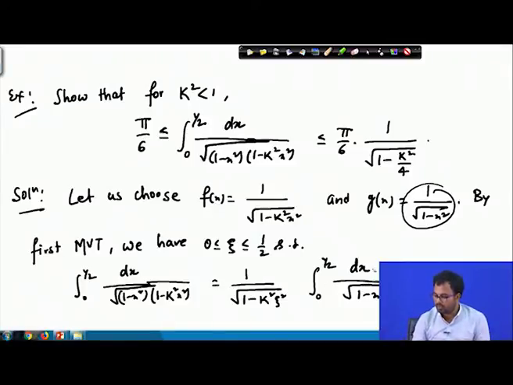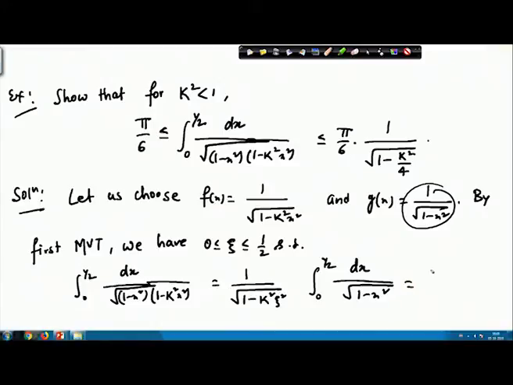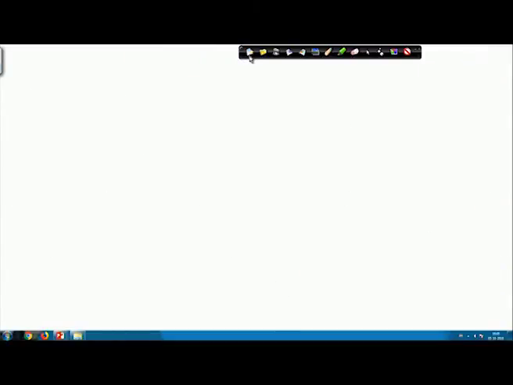This integral here is nothing but sine inverse x from 0 to half. Now sine inverse half would be pi by 6, so I write it as pi by 6.